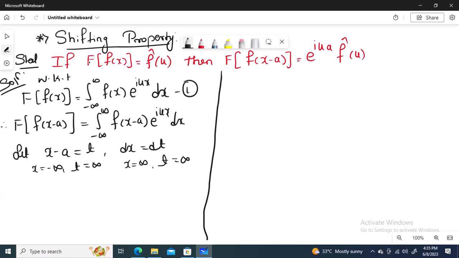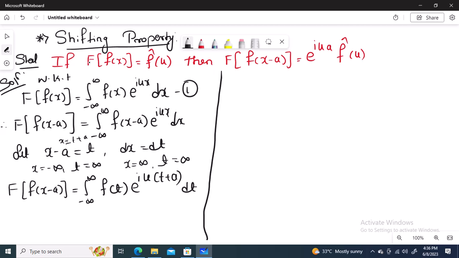Therefore, if I rewrite the Fourier transform of f(x − a), it is the integral from minus infinity to plus infinity of f(t), since x − a is t, into e^(iux). For this x, I'll rewrite: x equals t plus a, so you replace it here with t plus a. dx is dt.